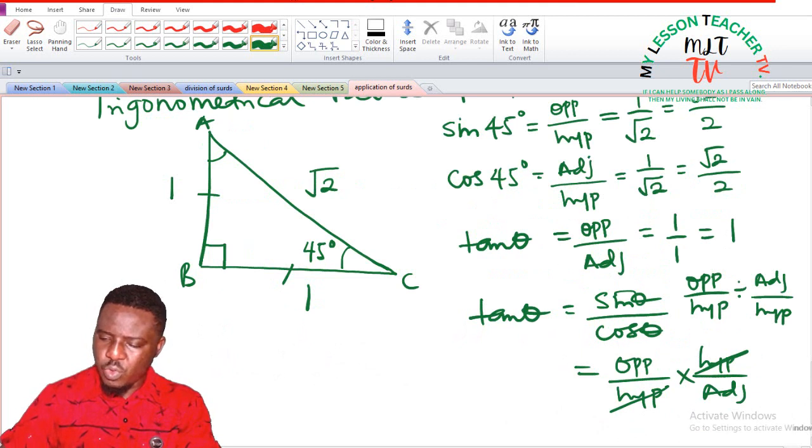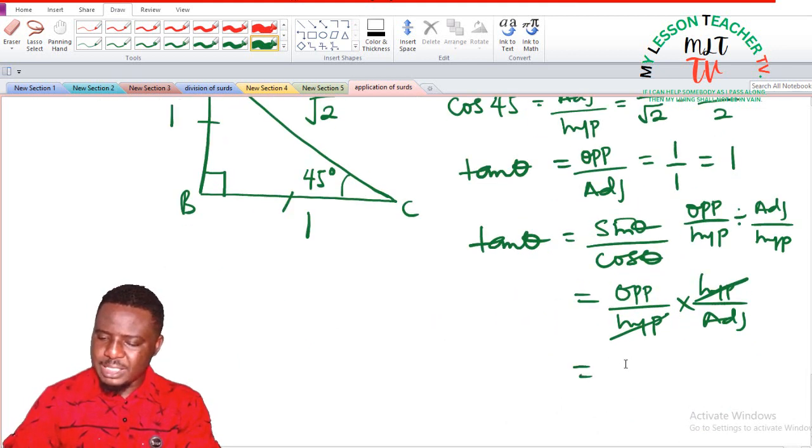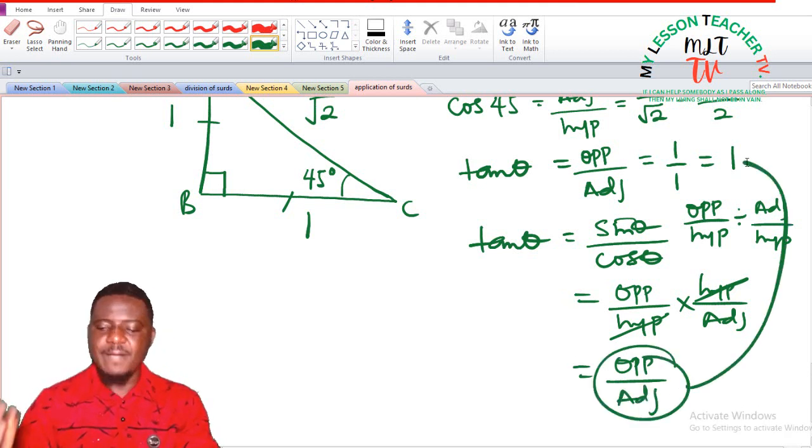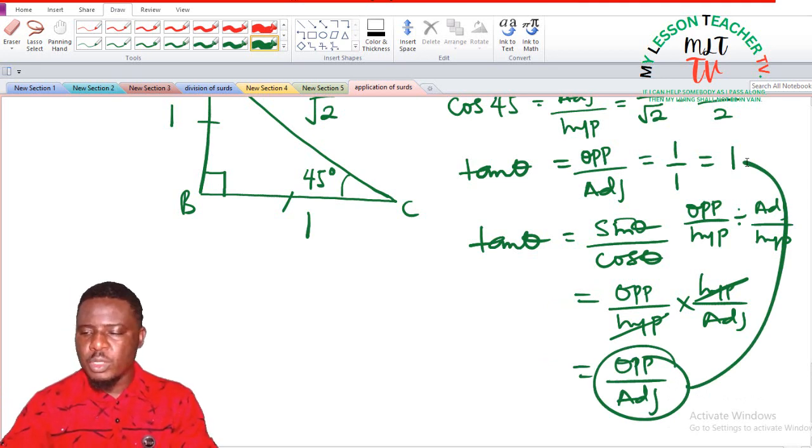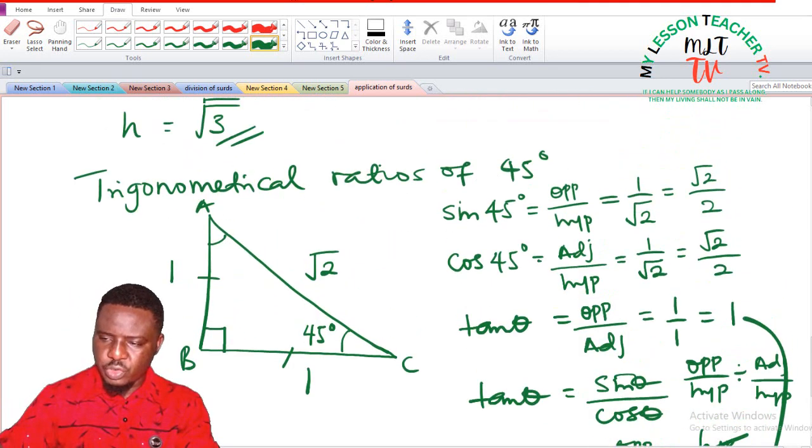And the hypotenuse will cancel itself, leaving you with opposite over adjacent. And the ratio of opposite over adjacent is tan theta.